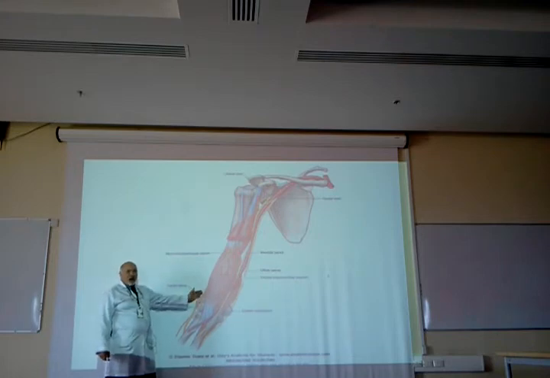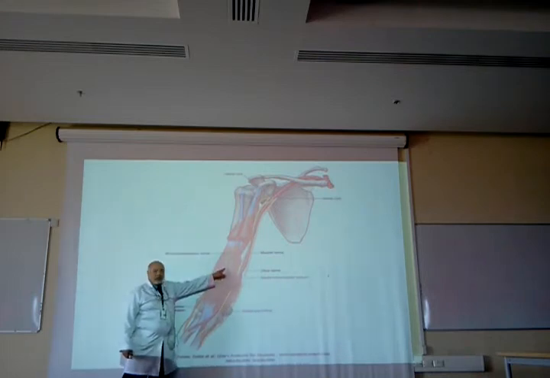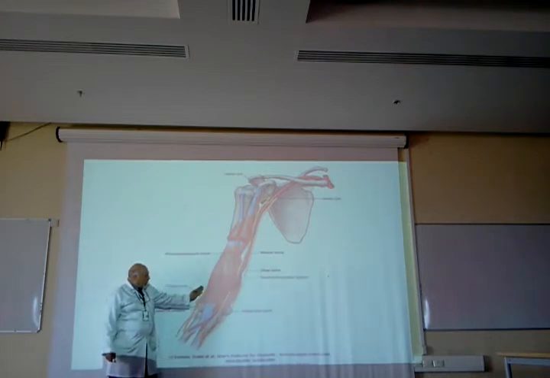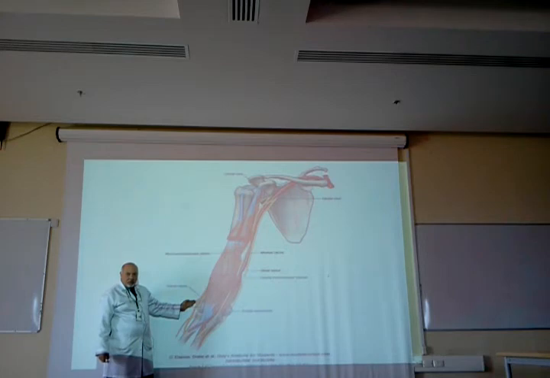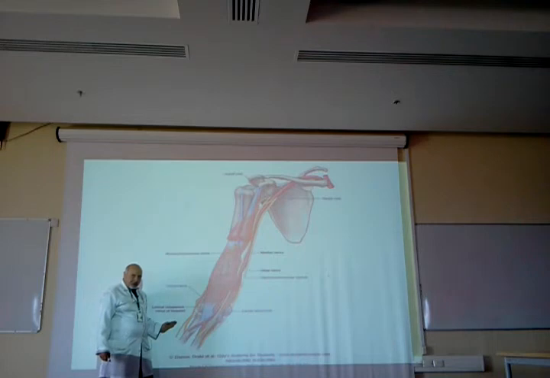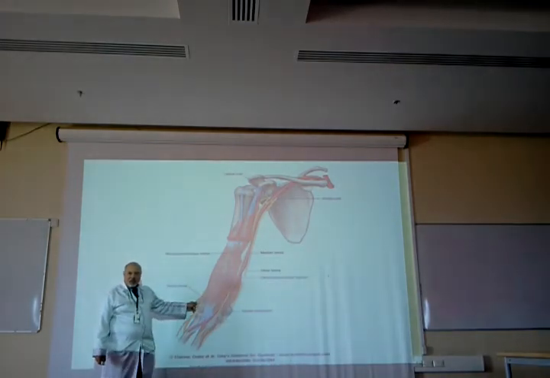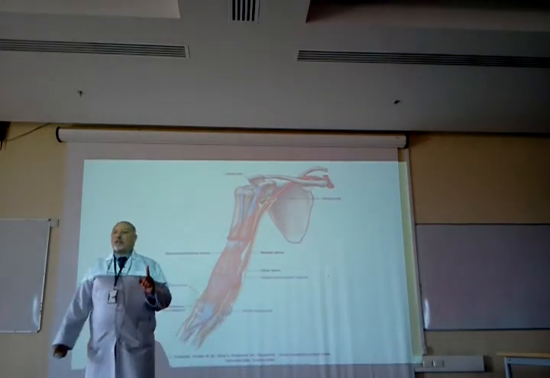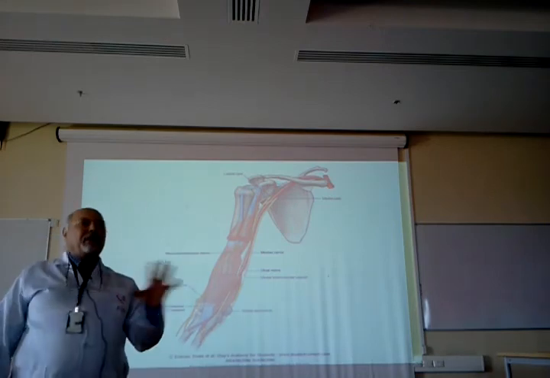The radial nerve, after piercing the lateral intermuscular septum, lies between the brachialis medially and two muscles laterally.